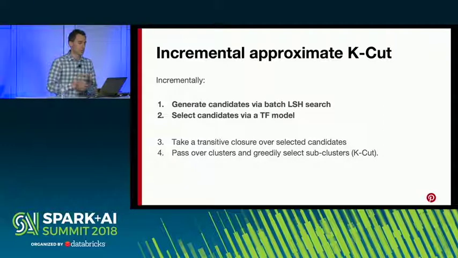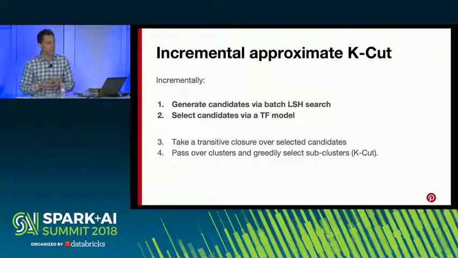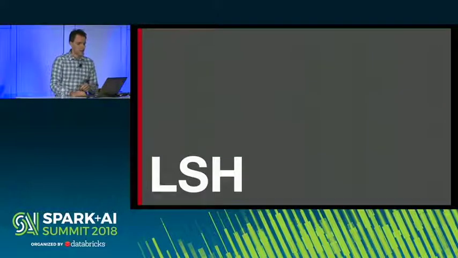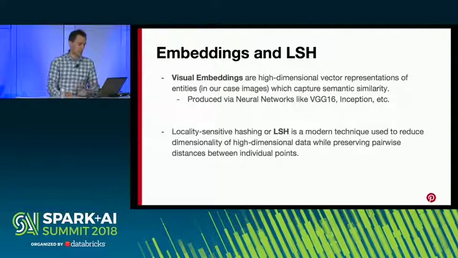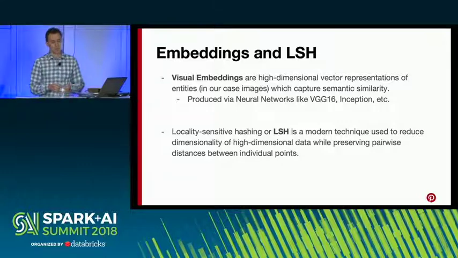The majority of the talk will be about candidate generation using LSH and candidate selection using a TensorFlow model. So a few words about LSH, or locality-sensitive hashing. It's a technique that is used to reduce dimensionality of high-dimensional data and preserve the pairwise distance of individual points.